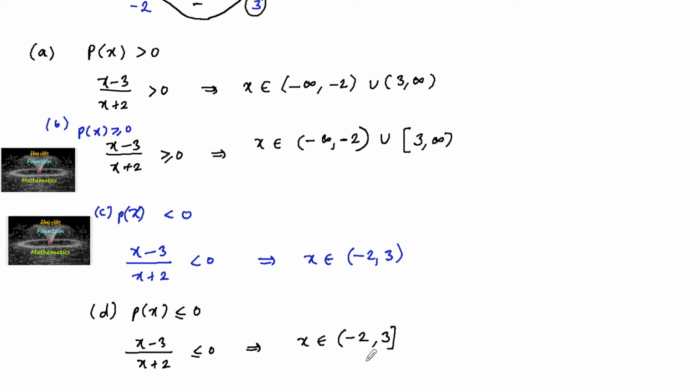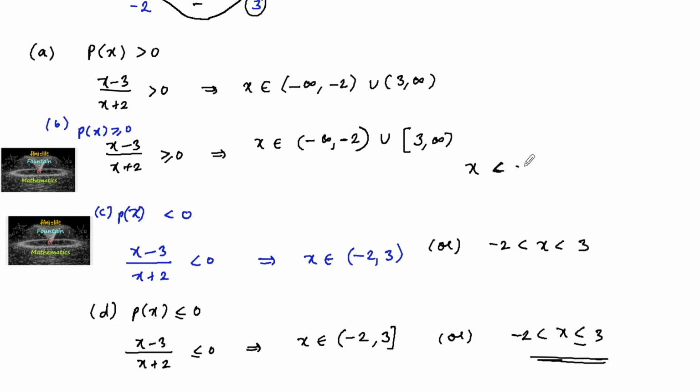So we can take the answer as −2 to 3, or otherwise we can write x lies between −2 and including 3. So this is how the solution can be taken. Or here also x lies between −2 and 3. Here we can write x < −2, or x ≥ 3.